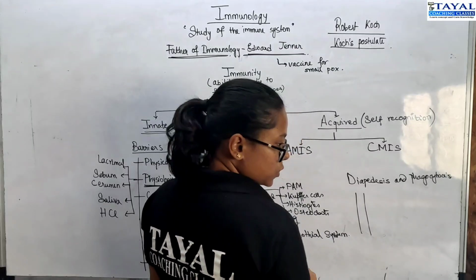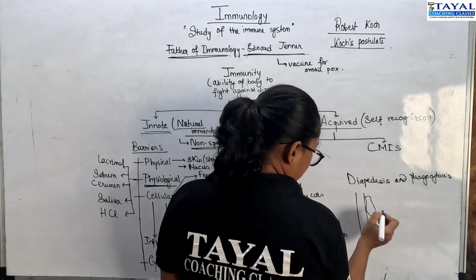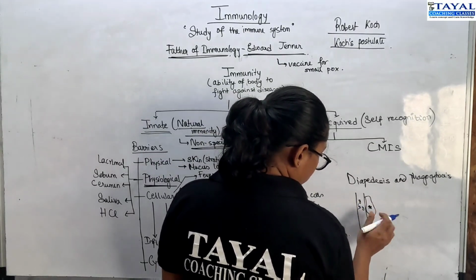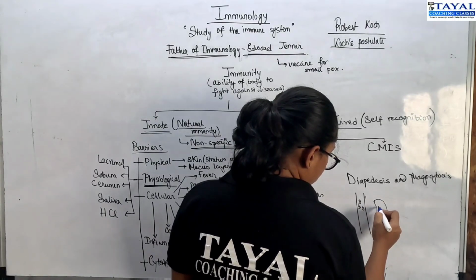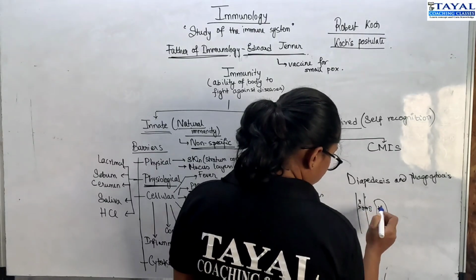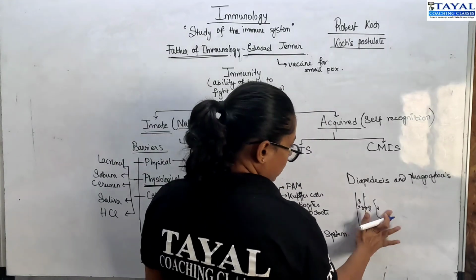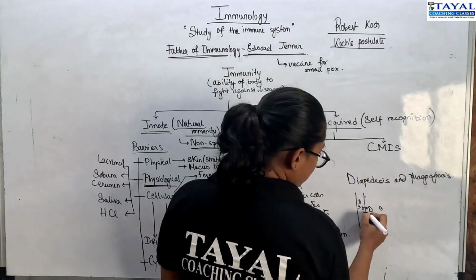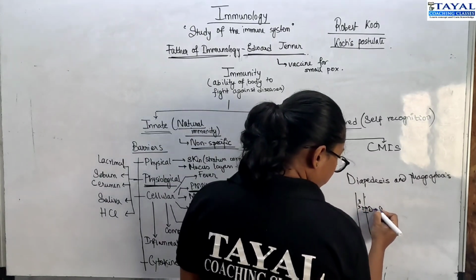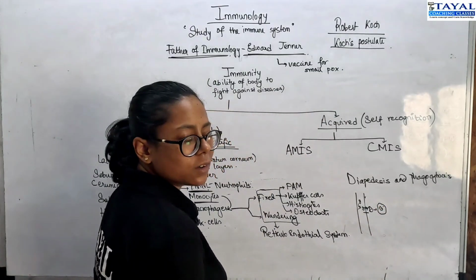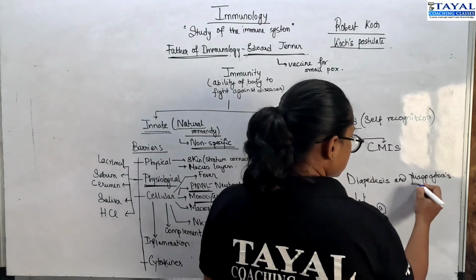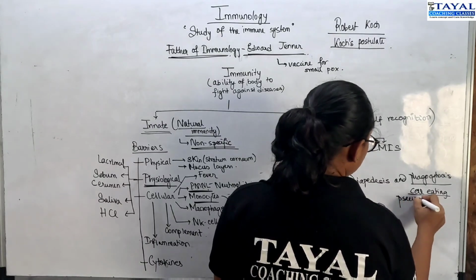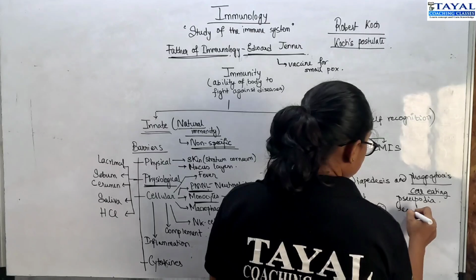So if this is a blood vessel through which it is flowing, and this is a surrounding tissue, let's say, if there is an antigen here, then the cell which is present here is going to move towards the antigen, squeeze out of the blood vessel, then this is known as diapedesis, and then it will move, form pseudopodia and engulf your antigen, correct? So phagocytosis basically means cell eating, right? So it forms pseudopodia, false feet-like structures, and it engulfs the antigen.